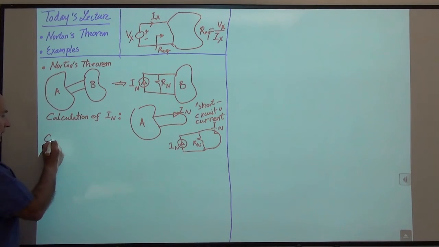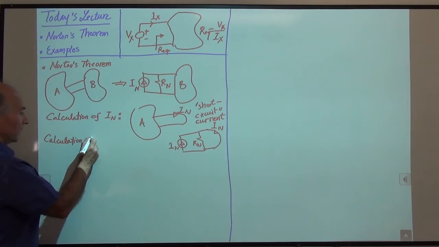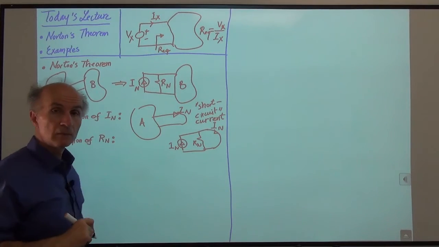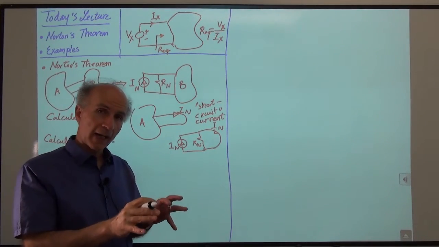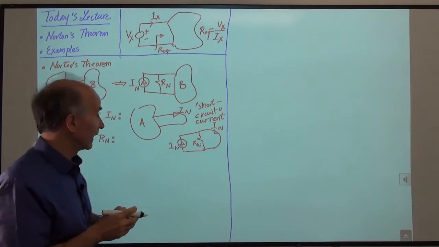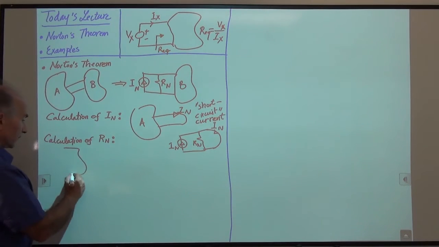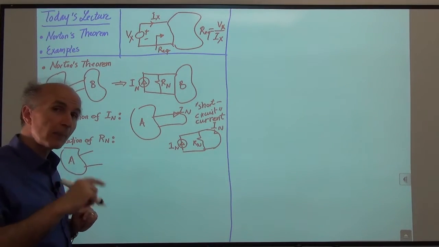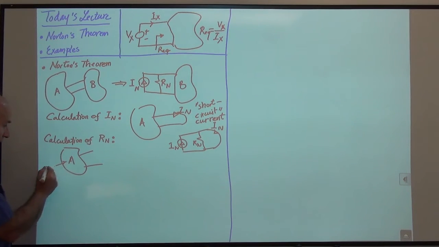Okay, so how do we do that? Calculation of Rn. Norton gives us a similar prescription to what Thevenin told us. Thevenin said, take section A, draw it by itself, set all of the independent sources in A to 0.